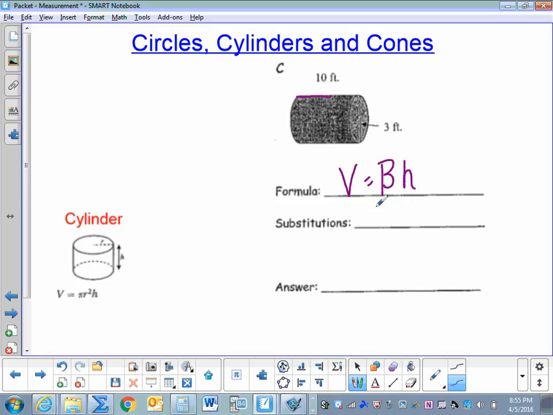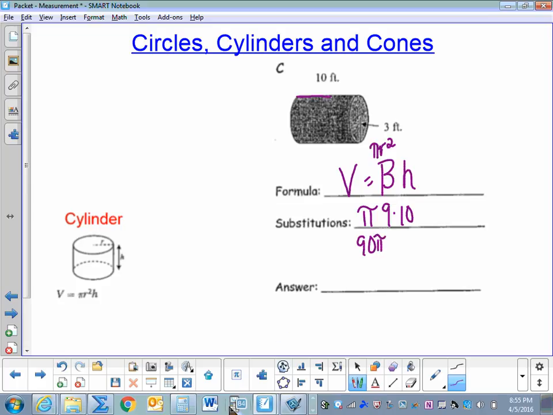And the base of a cylinder is pi r squared. So let's just substitute numbers in. Pi, the radius is 3, so 3 squared is 9, times the height of 10. So 9 times 10 is 90, so 90 pi.